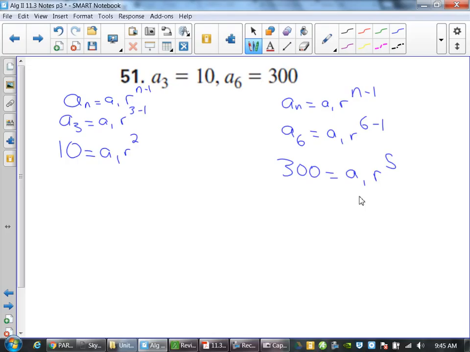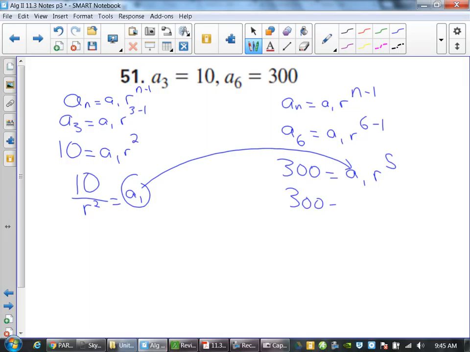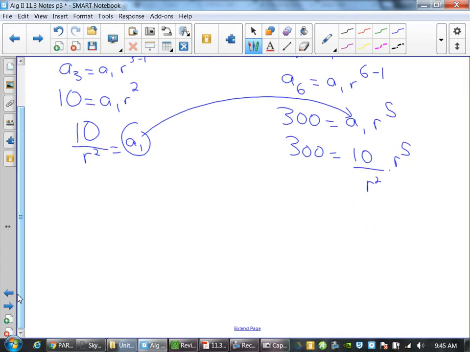Isolate a: 10 divided by r squared is a sub 1. Substitute that here, and we get 300 is 10 over r squared times r to the 5th. Then divide out, and we get 300 is 10r cubed. So 30 is r cubed, and you get the cube root of 30.